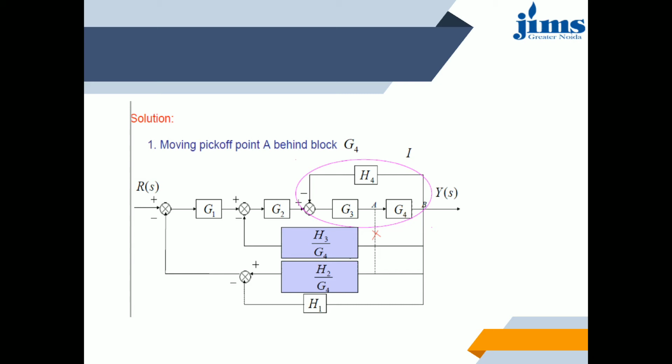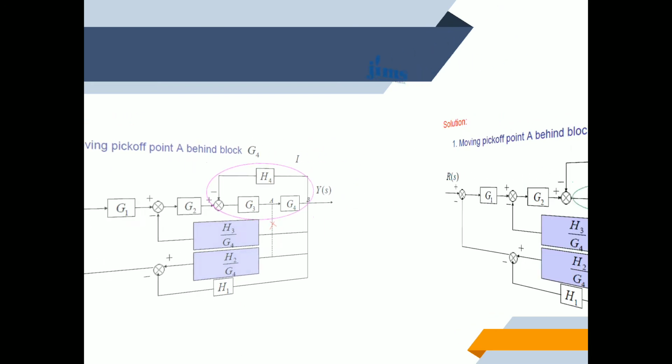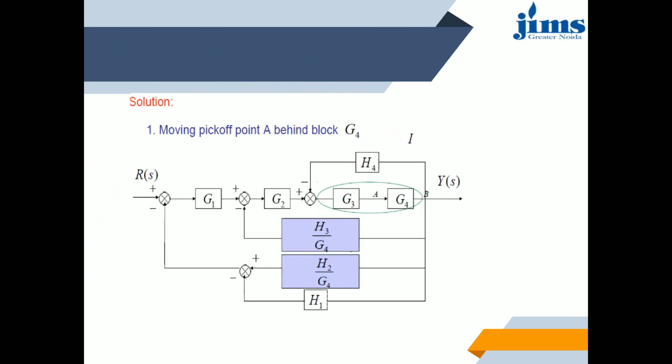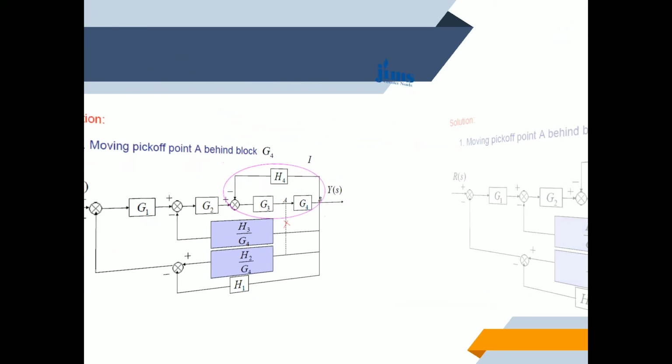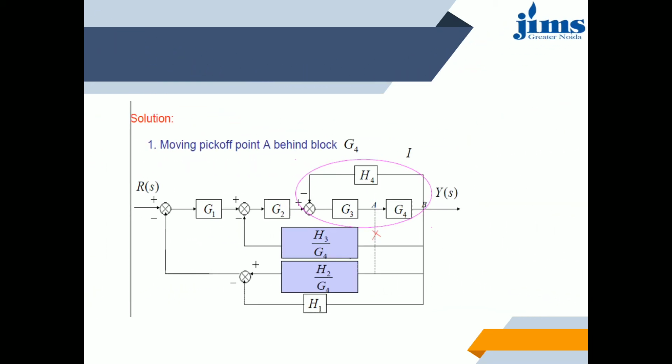So we'll eliminate this loop I. Next we are having G3 G4 into H4. Whenever we are applying this rule for moving a takeoff point behind a block, the reciprocal of this block G4 will be added in the feedback loop.